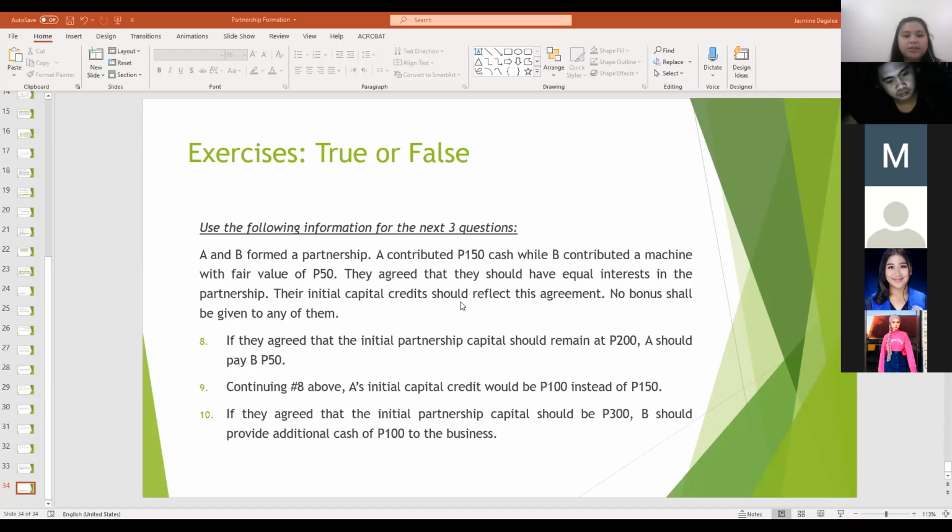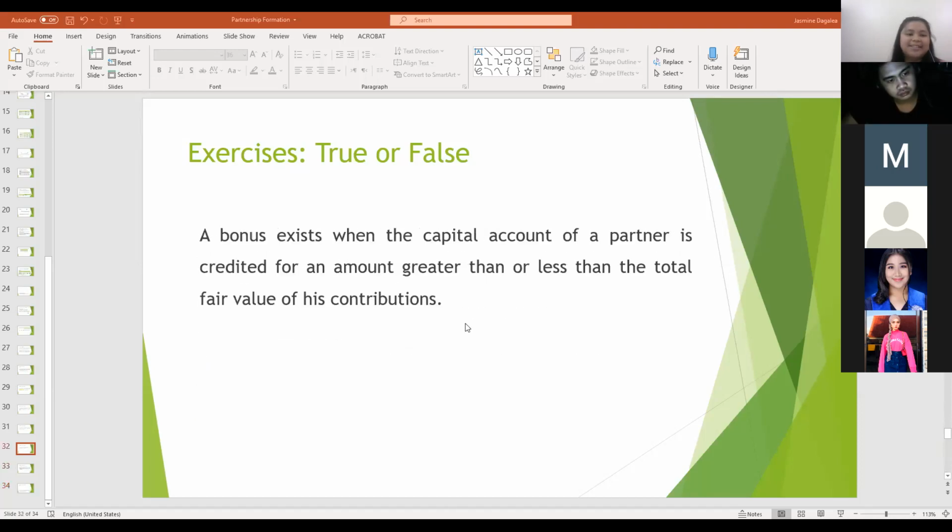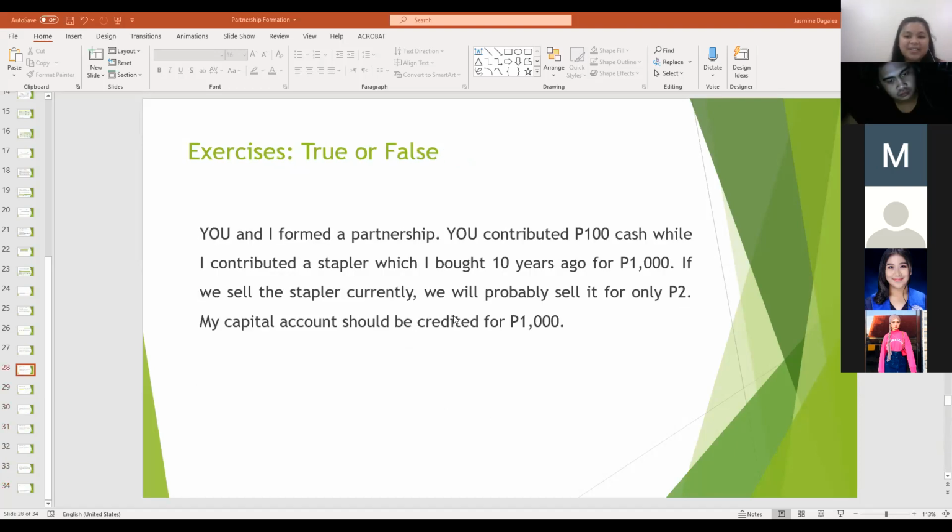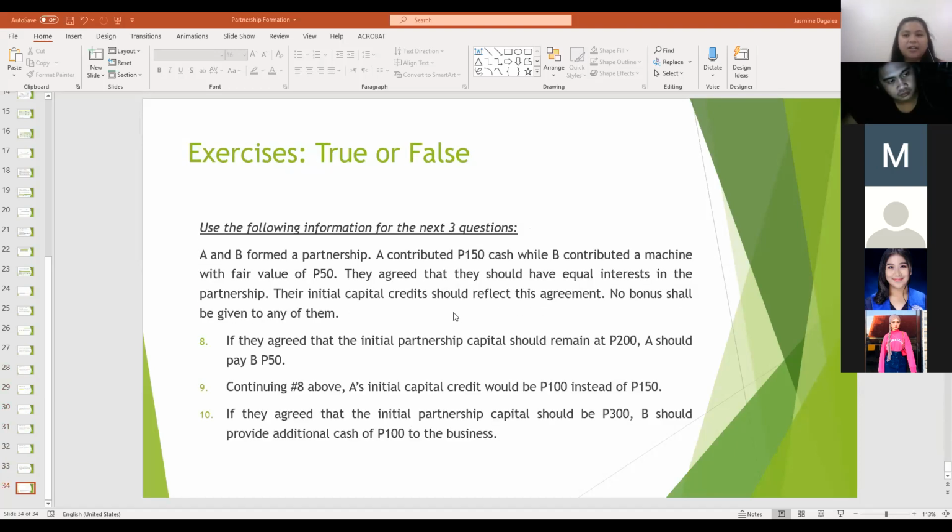So nagets nyo na ba? Sana nagets nyo yung concept ng initial contribution among partners. May questions kayo?